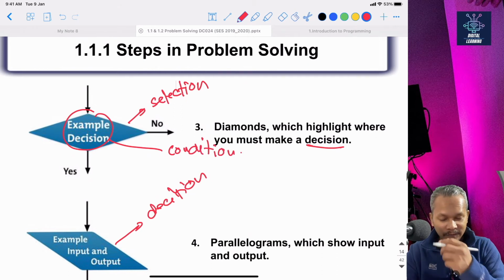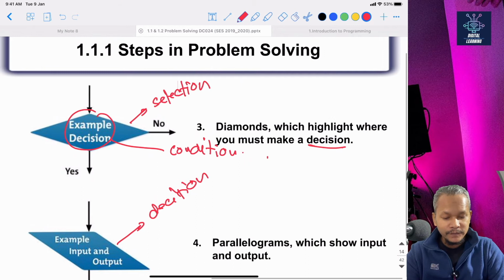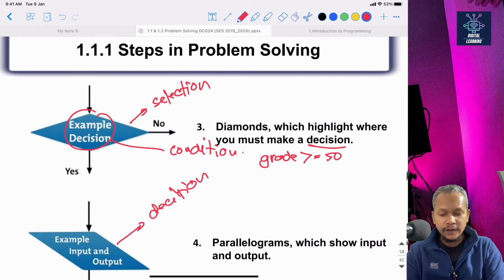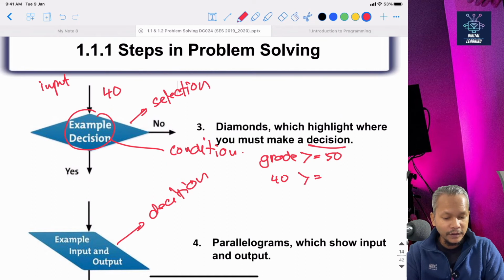Okay, we are using the same example, greater than or equal 50. So let's say the input comes in as 40. So the grade value 40 greater than or equal 50.